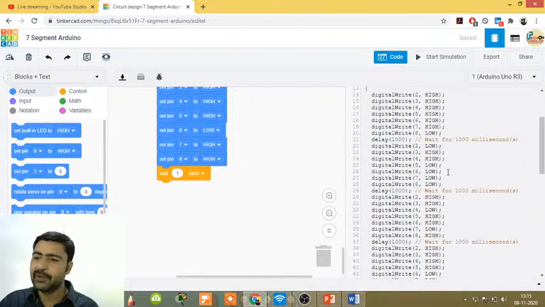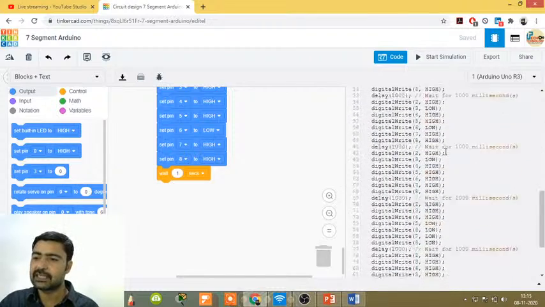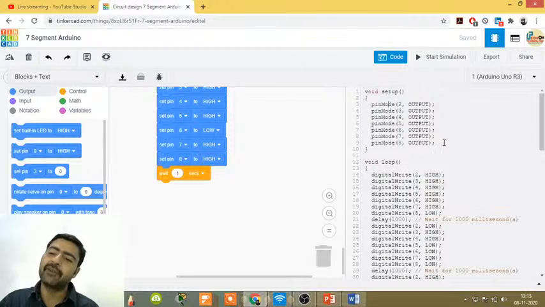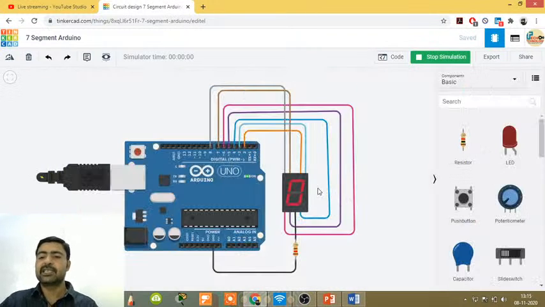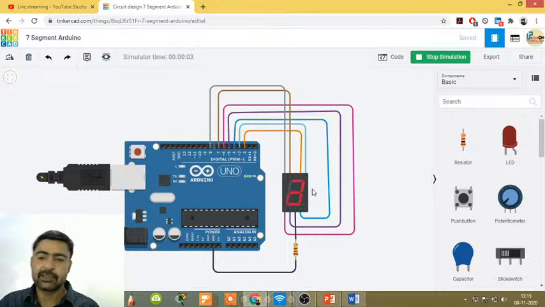Then again we are using the same instruction. So how many times have we written these instructions? 10 times. Because we need to run the counter, we need to display 0 to 9.